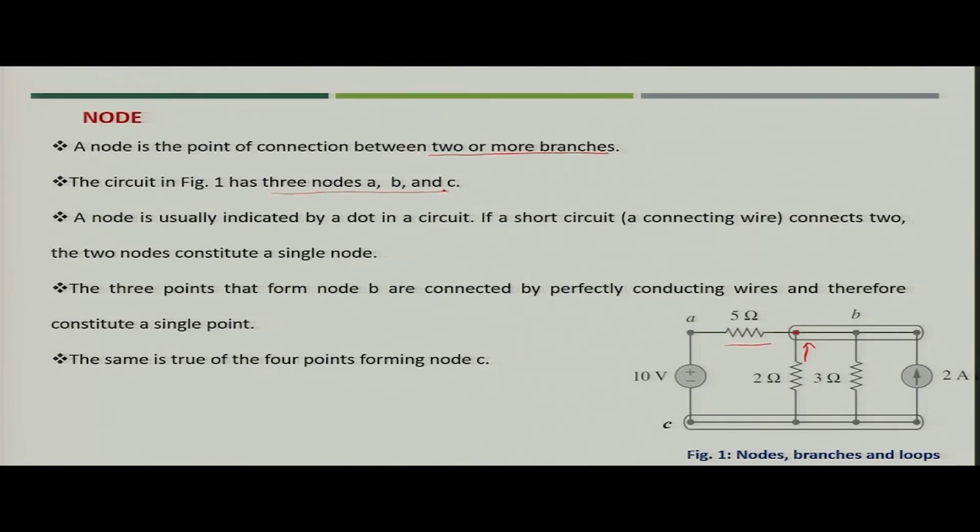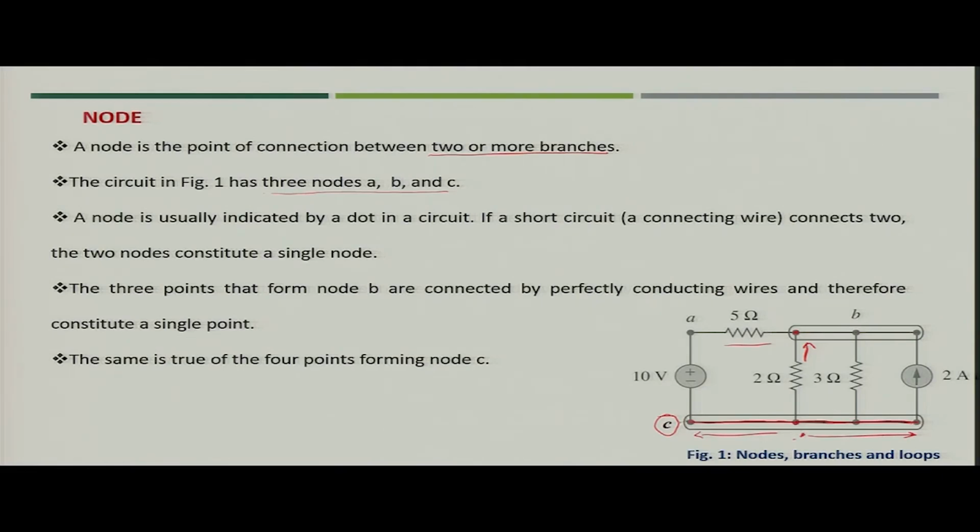Here in this figure we have 3 nodes, node A, node B and node C. Now, in this figure C is not a single node, it contains all 4 nodes which are there in the circuit, but we represent it by a single node C. Why? If you connect 2 nodes with a short circuit or maybe a direct wire, both will always be at the same potential. So, when it is like this, you can join all of them and create one single node.